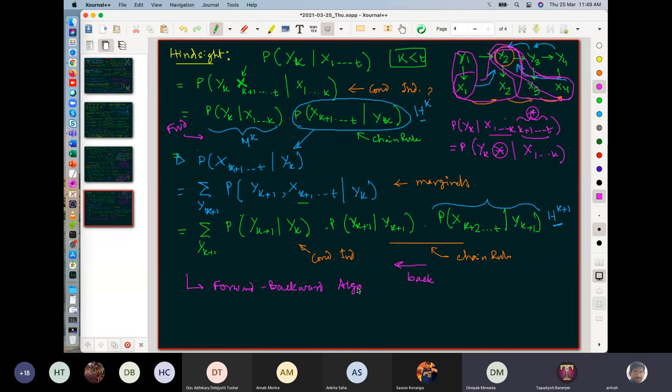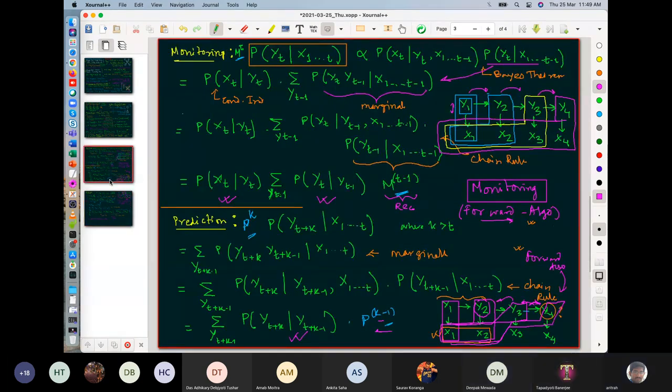Sir, move to the previous slide, this one. Here in the prediction part, where k is greater than t, it should be y k, because k is greater than t, so t plus k doesn't make sense.